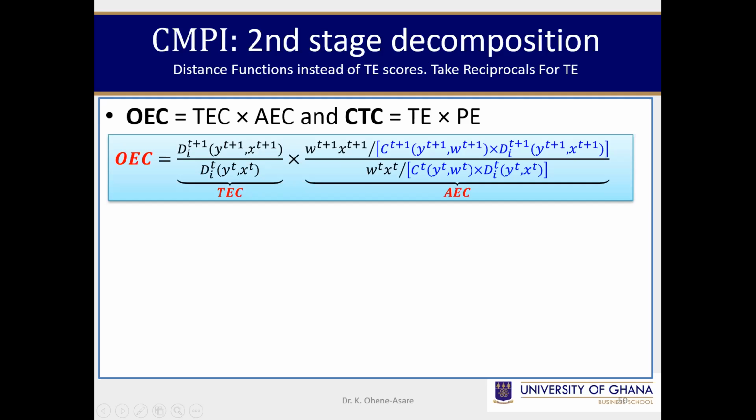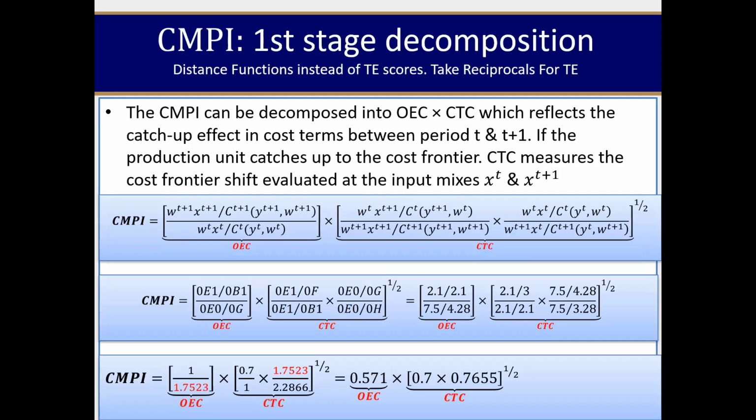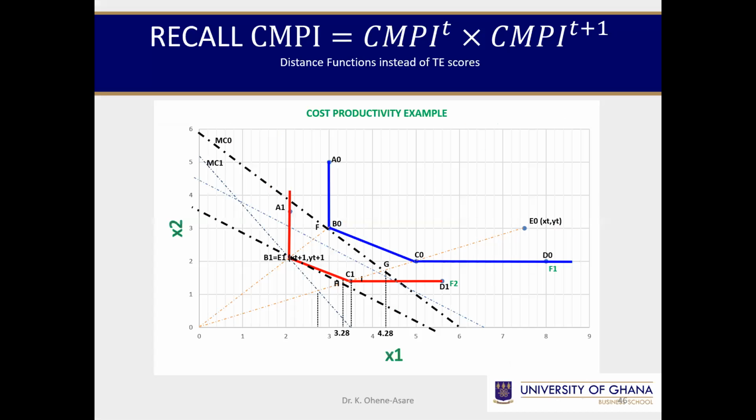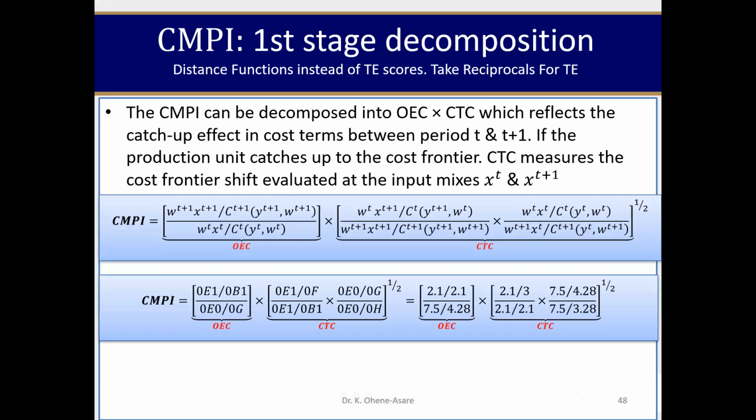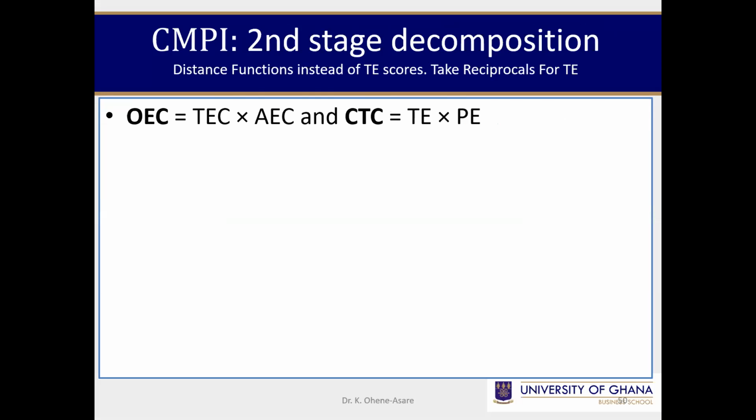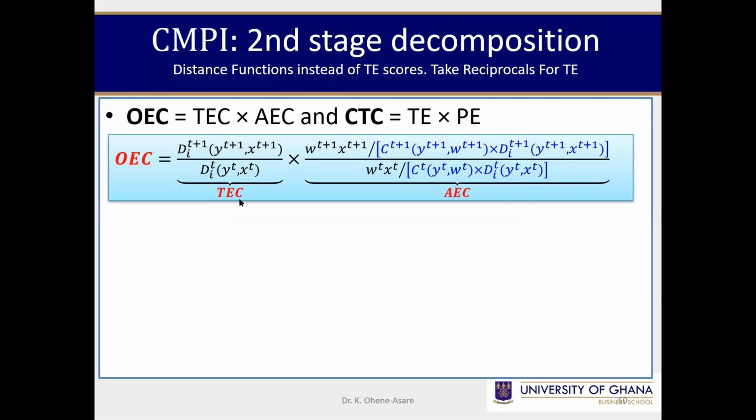So that one is split into technical change and price effect. But first, let's look at allocative efficiency change. The overall efficiency change is made up of the technical efficiency change and the allocative.